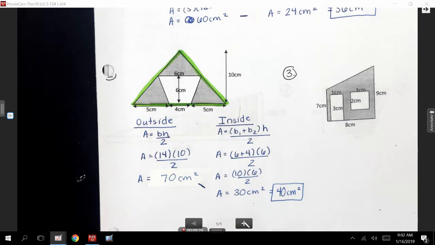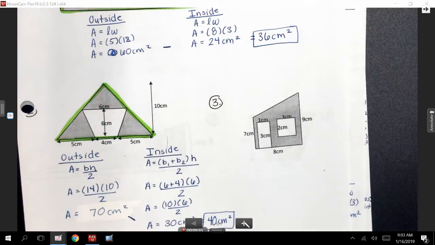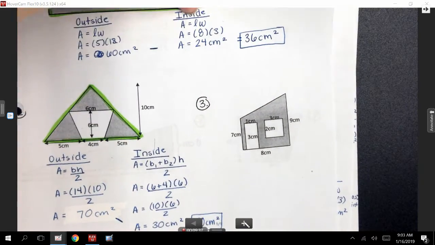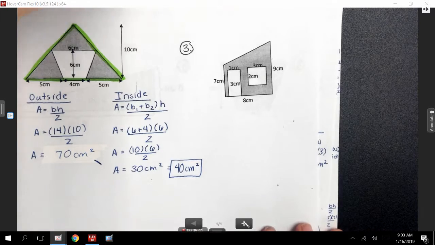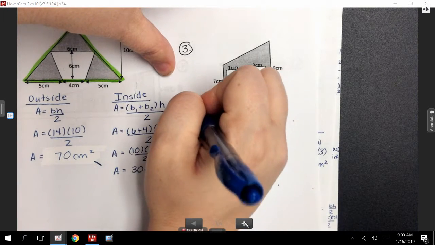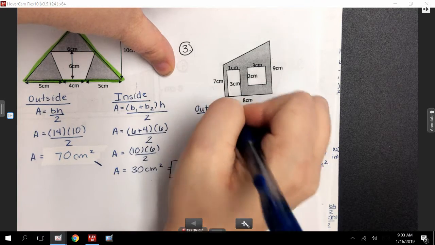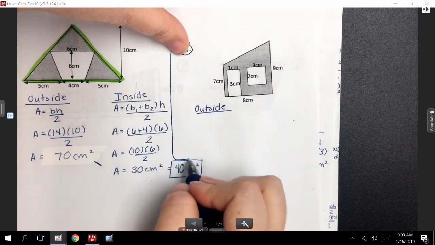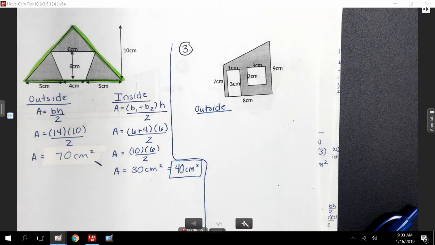Okay? All right, on number 3, what do you notice is different about number 3? Alexandra? I got 2 shapes on the inside. That's okay. We're still going to do outside minus inside. Not a problem. So let's look at our outside shape. Outside. I'm going to do a little weird split here since I kind of worked into that territory.